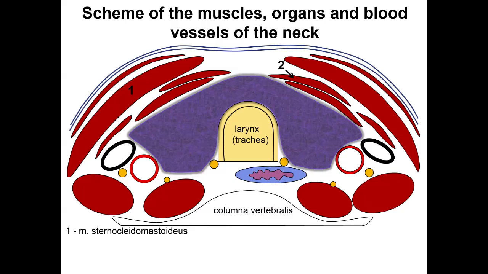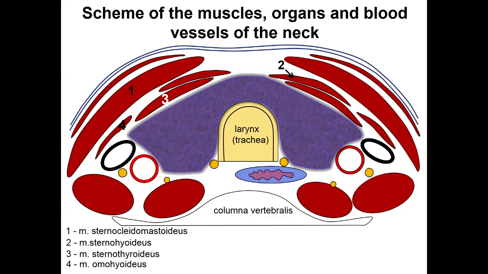Then number 2, quite thin muscle, it's musculus sternohyoideus. Number 3, more deeply located, is musculus sternothyroideus. Number 4, here it is, number 4 is musculus omohyoideus.